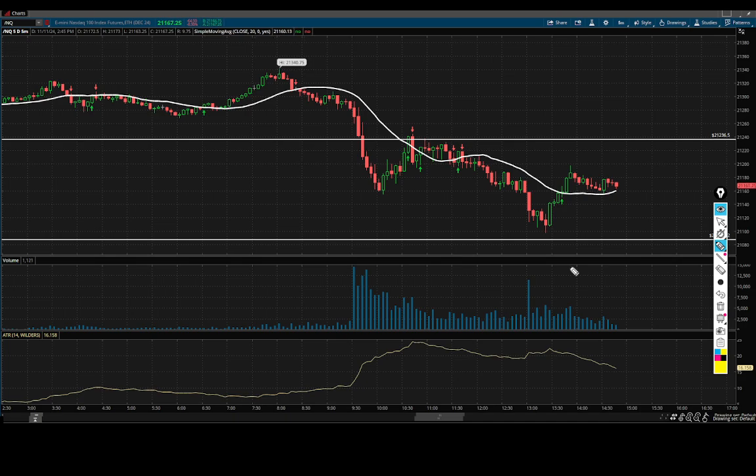But on an opening drive play like this, you can definitely use that information. You can even allow that first 5-minute candle that starts to push down to close here, then take the following second 5-minute candle short, and have a price target to be filled into that gap.